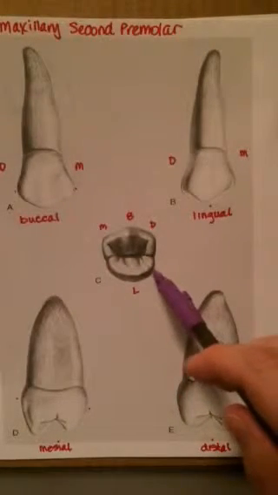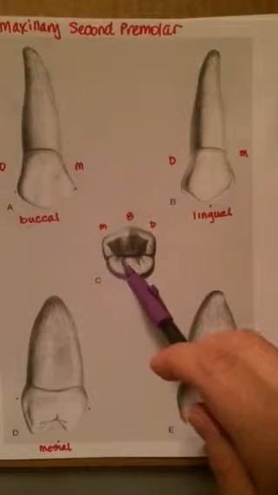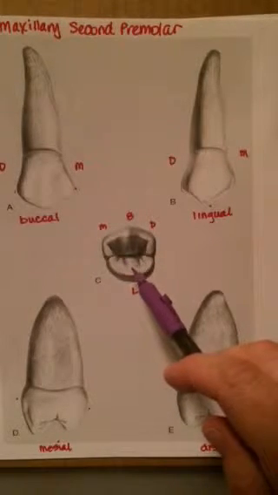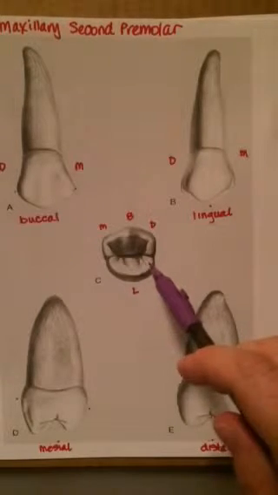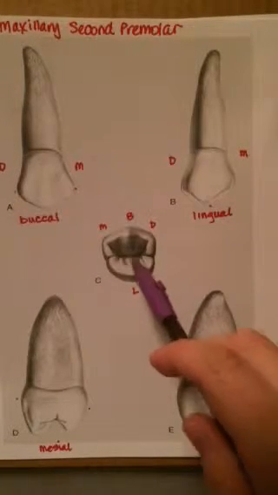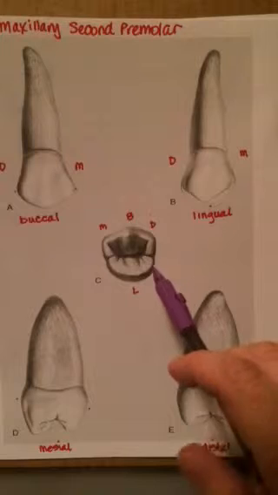On the second premolar, the central groove is not as long as the first premolar, and there are lots of supplemental grooves coming from it.